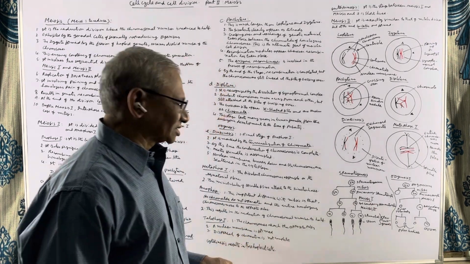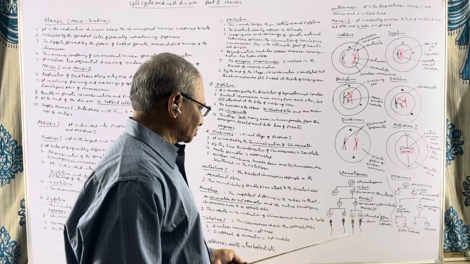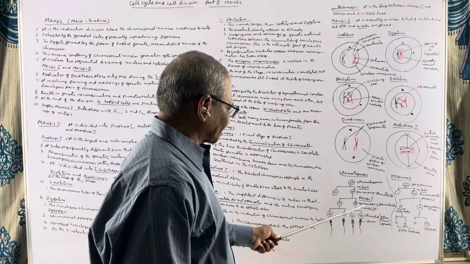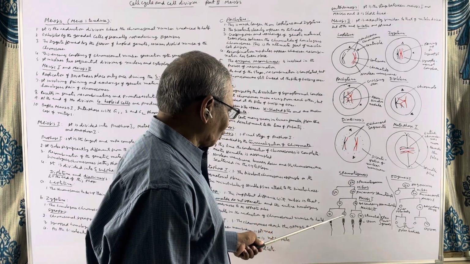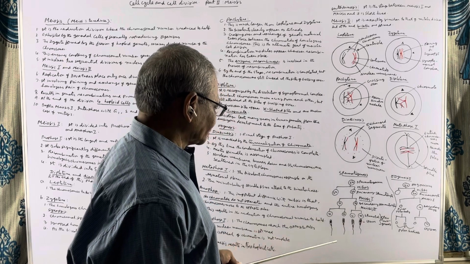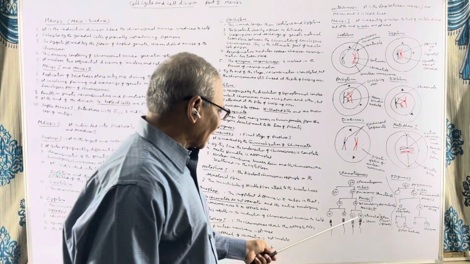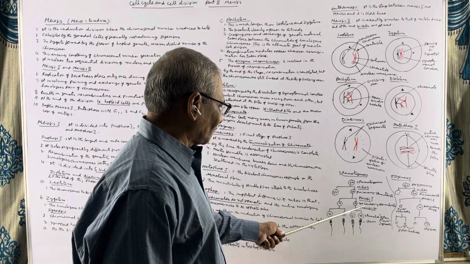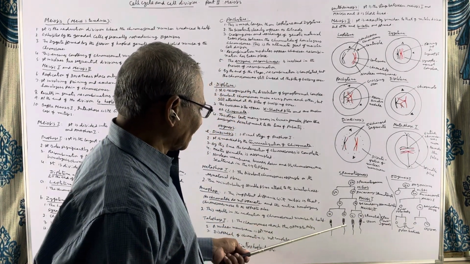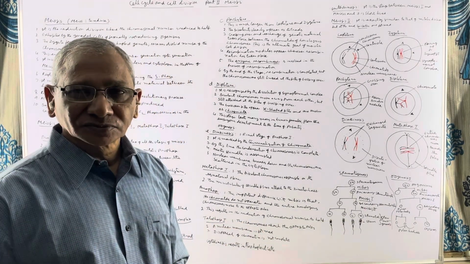The secondary spermatocytes have the haploid number of chromosomes, that is n number of chromosomes. The secondary spermatocytes undergo meiotic division 2 and produce 4 haploid cells having n number of chromosomes. These haploid cells are known as spermatids. So at the end of the second meiotic division, 4 spermatids are formed.